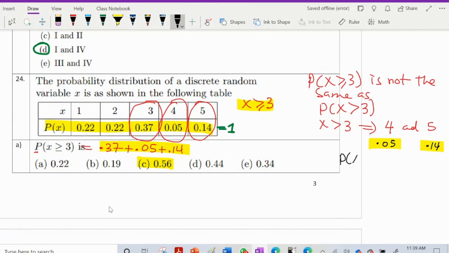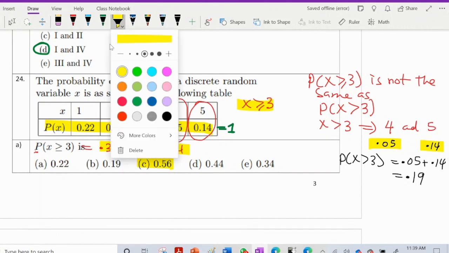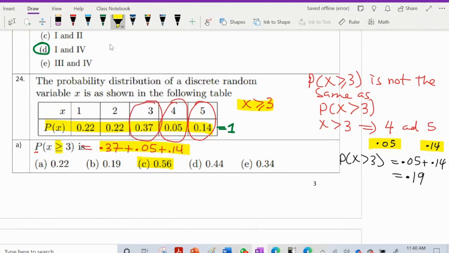So P of x greater than 3 would just be 0.05 plus 0.14, which gives us 0.19. You see B is 0.19. It's placed there to confuse you if you don't know that the equal sign is included. So 3 itself is part of the solution. All right, so take note of that.